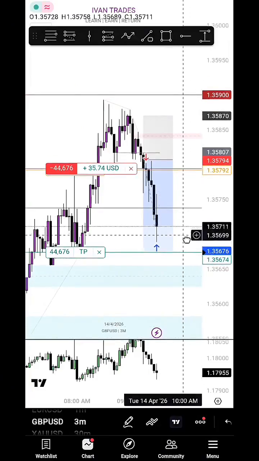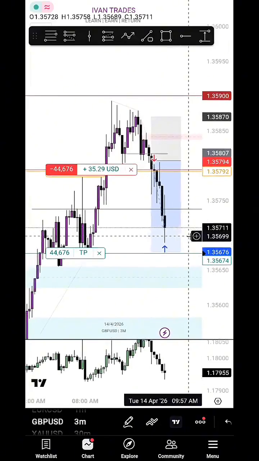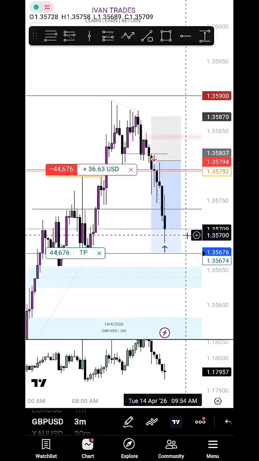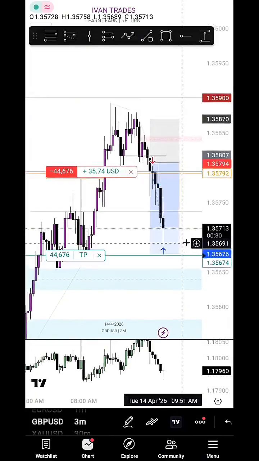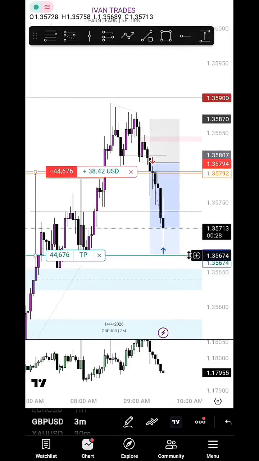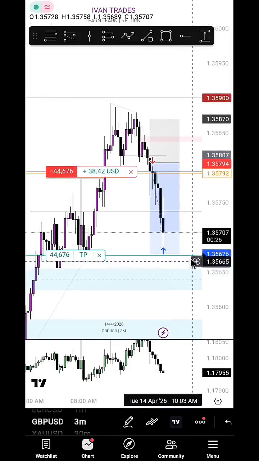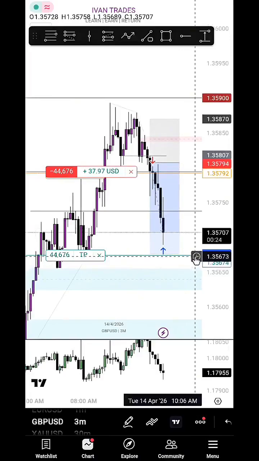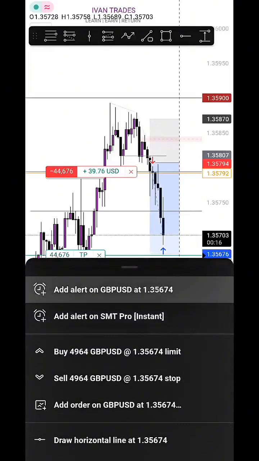It's a minimal partial just to suit myself, because not in my best. I know I can be hard on myself if I get stopped out for loss, but for now I just have to wait and see if it does work out.